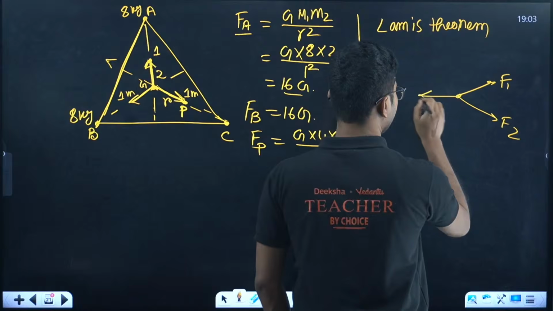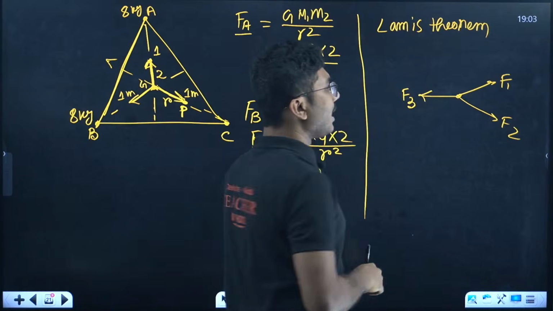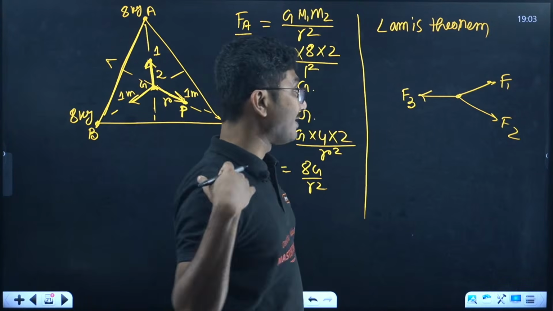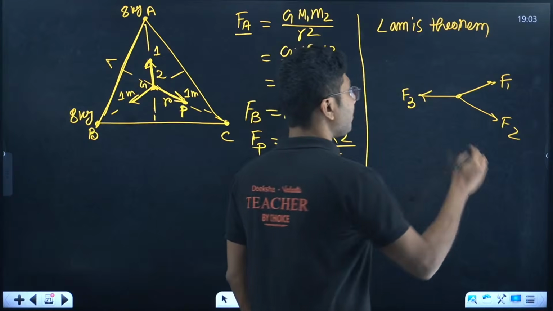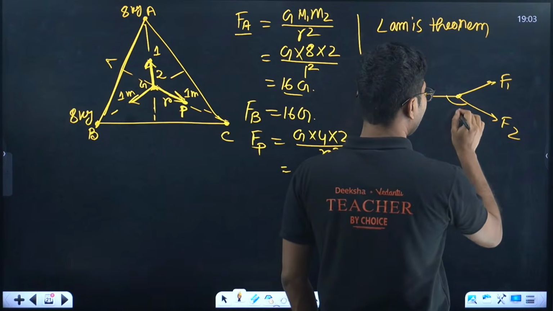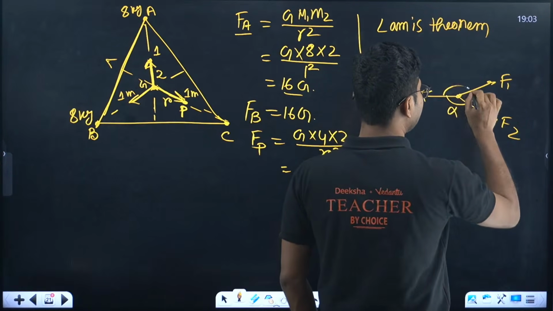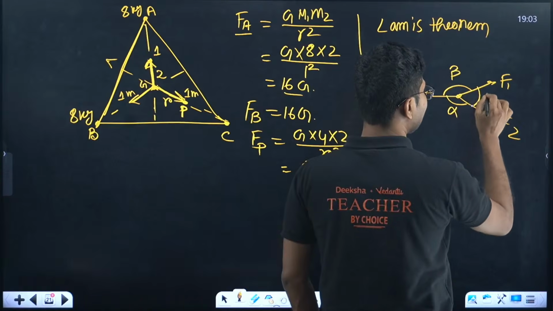Suppose this is F3. If they establish equilibrium, suppose this angle is alpha, this angle is beta, this angle is gamma.